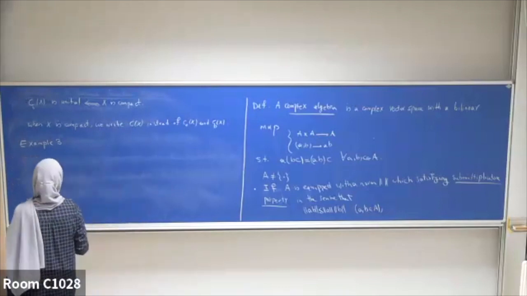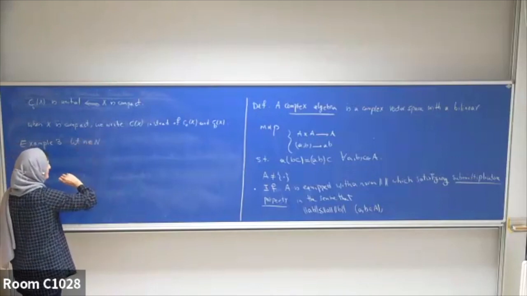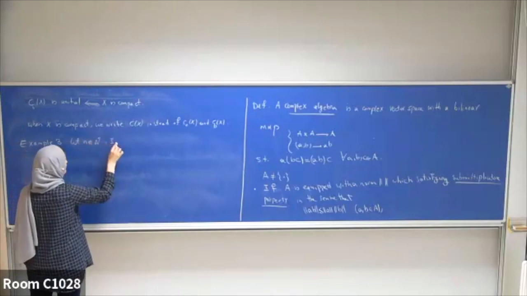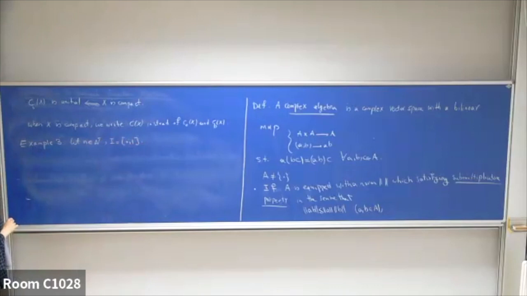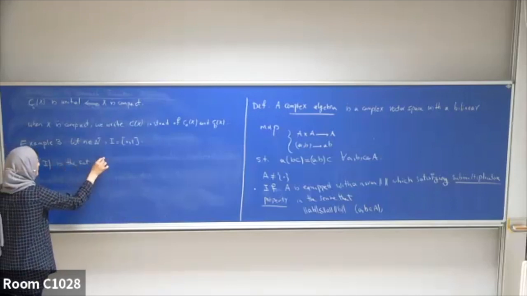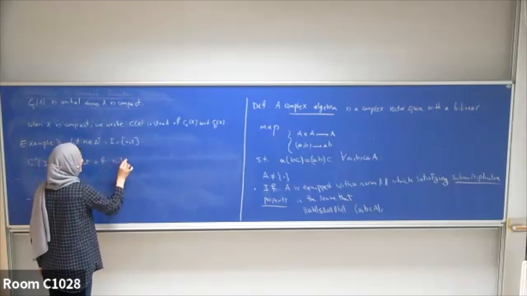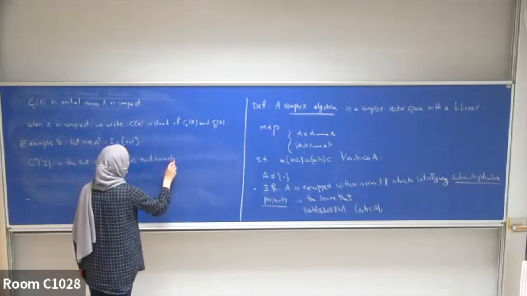Let n be a natural number, and I the closed unit interval in R. We define Cn of I, the set of all n times continuously differentiable functions.